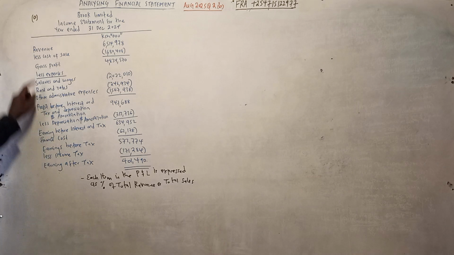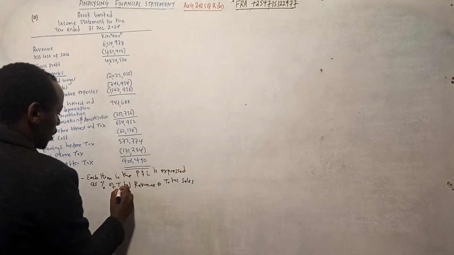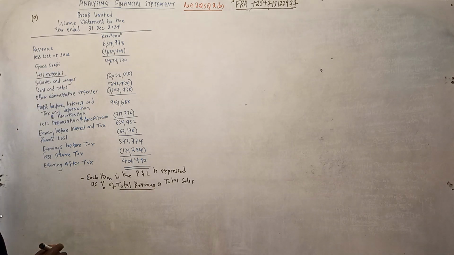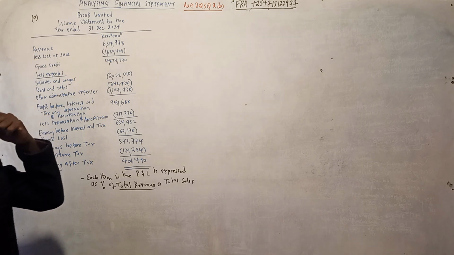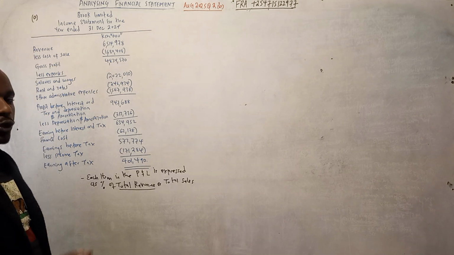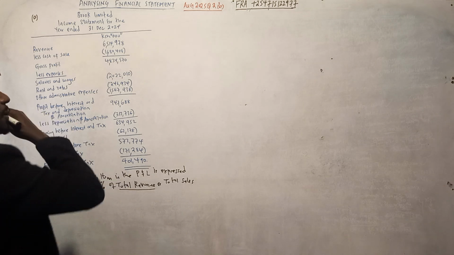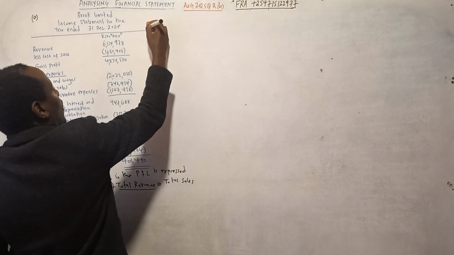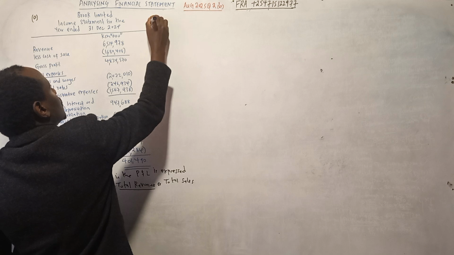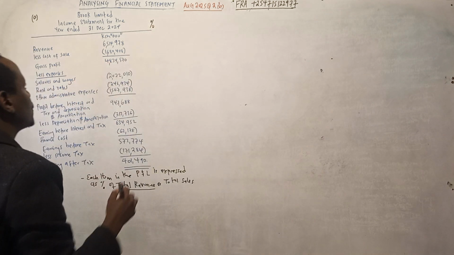In this case, we are going to use the word total revenue because that is what we have been given during the year. Now remember, revenue is always 100%. Now let us start. So we need to come up with another column for percentage. So let us start with the revenue.